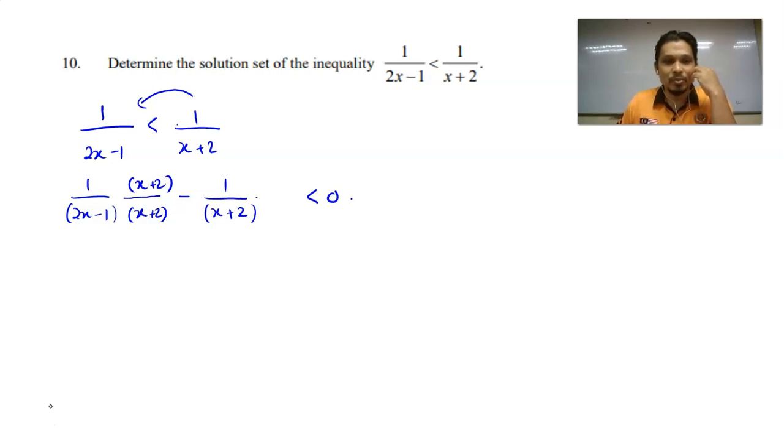Same goes to this one here. We have x plus 2 here, so we need another 2x minus 1. Then 2x minus 1 and 2x minus 1.